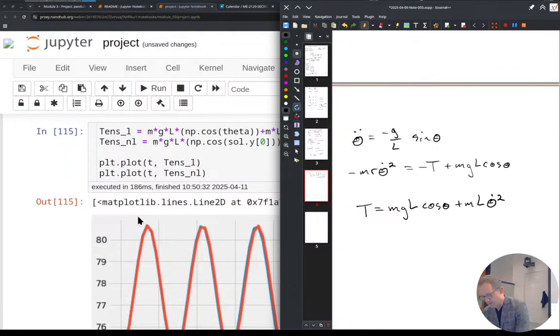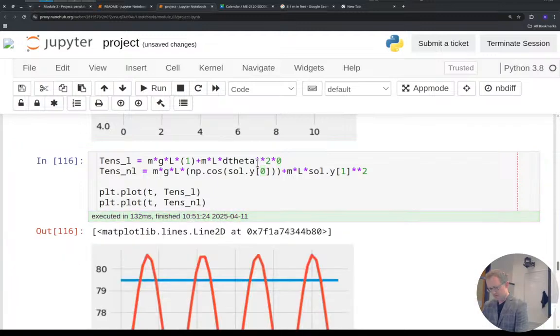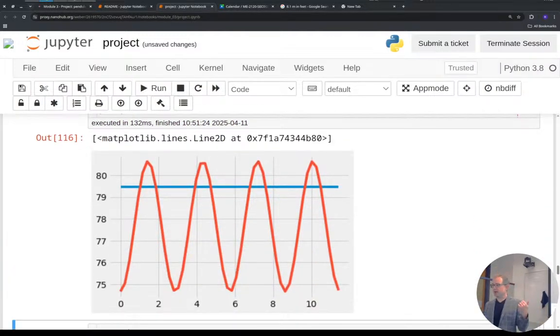If I start making approximations, like I say cosine theta is 1, and I say d theta dt is 0, like multiply the whole thing by 0, that's where I start to see bigger differences. I said the tension was constant, but it's actually going to shoot up above that, and it'll drop down below, right? There are times when the tension is much lower just because of where the pendulum is swinging through.